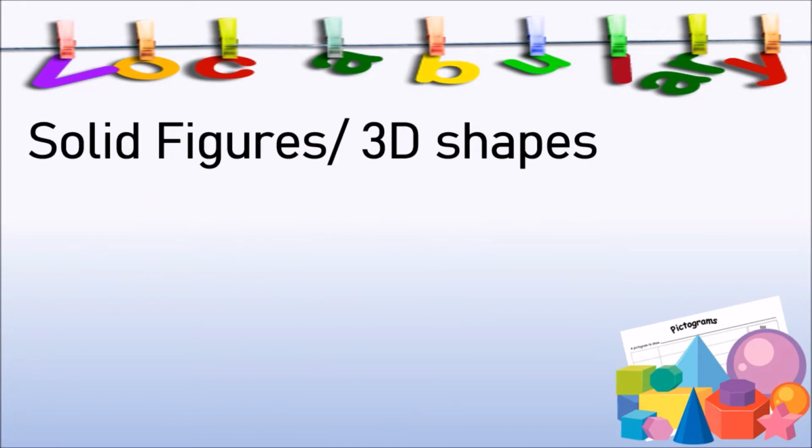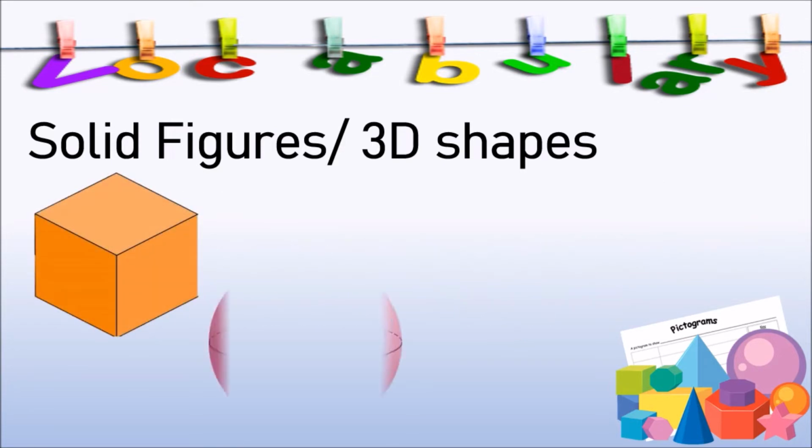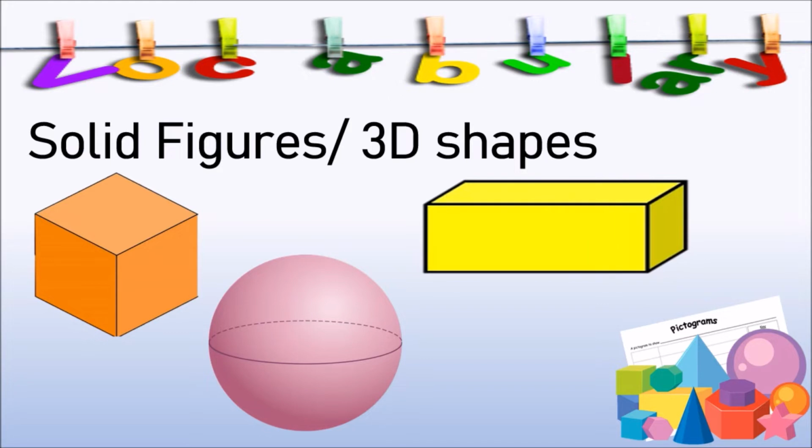Solid figures or 3D shapes. You can measure a solid figure to see how wide it is, how long it is, and how high it is. A cube, sphere, a rectangular solid, and a cylinder are solid figures or 3D shapes.